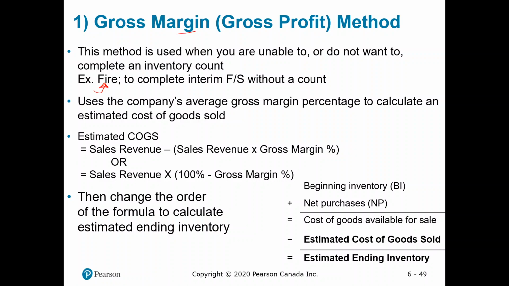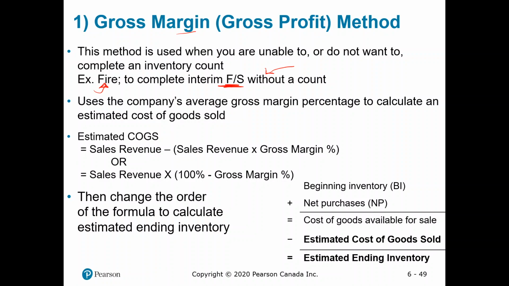So you could use this method. Or it could be used to prepare interim financial statements. So if you are a company who uses the periodic method, but you don't want to do a count every single month, yet you want to prepare interim statements, you need to know your updated inventory. So you could use this amount and estimate it that way.